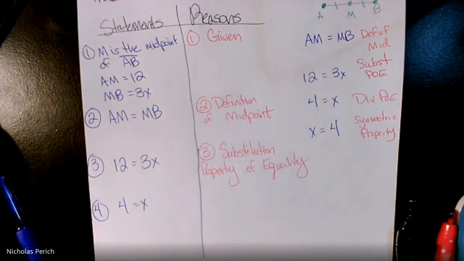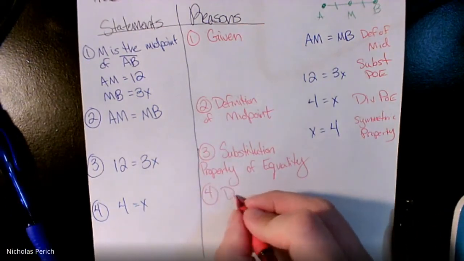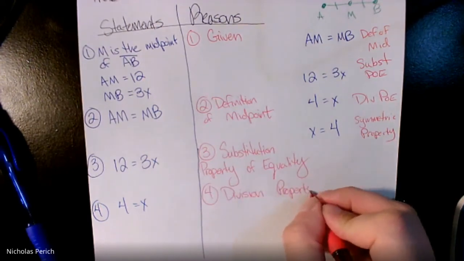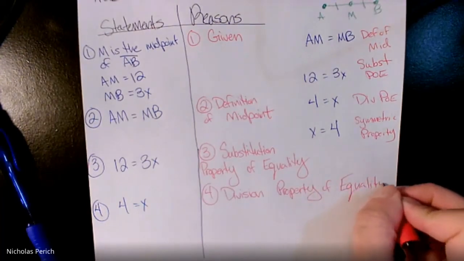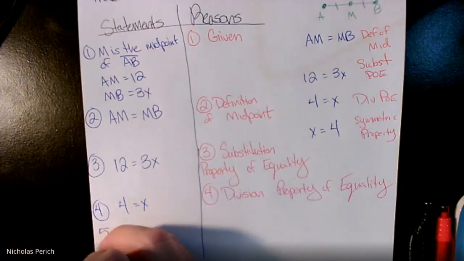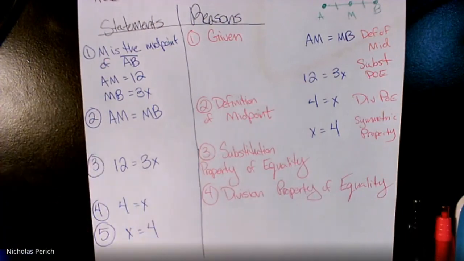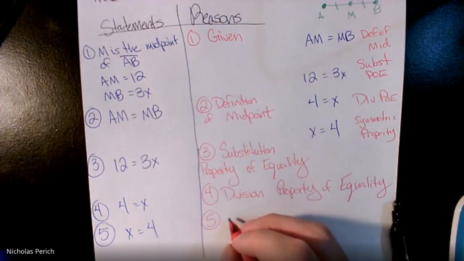After I divide both sides by 3, I got 4 equals x. Why did I do that? Because of the division property of equality. And last but certainly not least, x equals 4. And that's the symmetric property of equality.